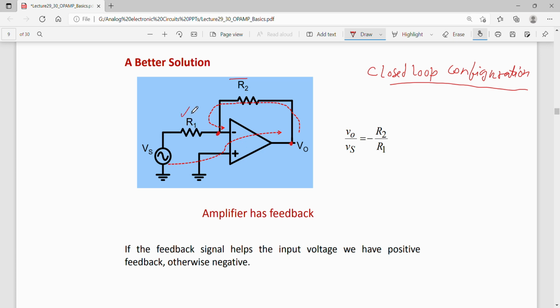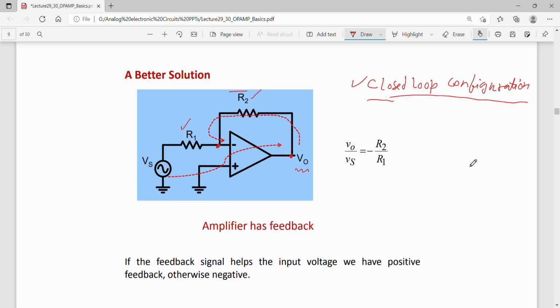So you are using these two resistances R1 and R2. And the loop between output and input is closed over here by this feedback resistor. Now if I use this closed loop configuration, then I can control this output. Otherwise the output is uncontrollable, as we had seen.